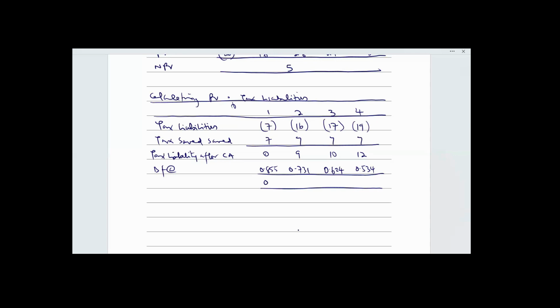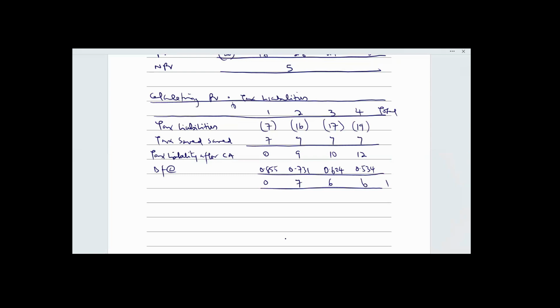Here will be 0. So what do you have? Here is 7. Next one is 6. What about year 4? 6. So what's the total? 6 plus 6, that's 12, that's 19.